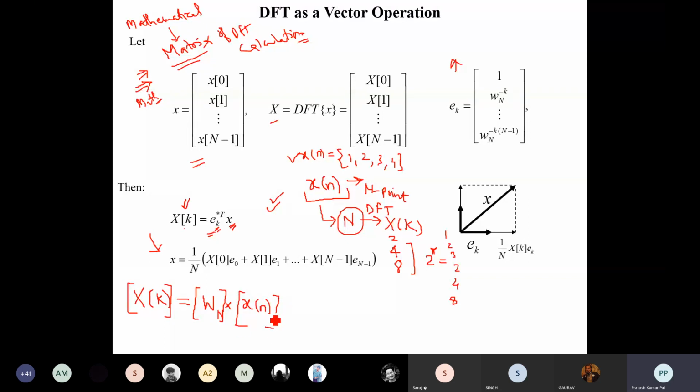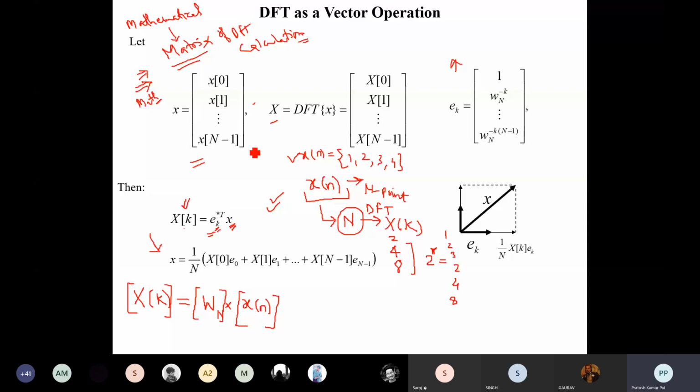Here x of n is a column matrix, so there will always be one column, and the number of rows will be 0 to n minus 1.